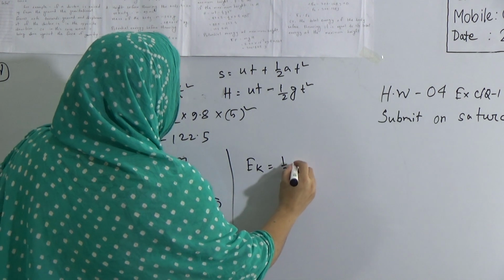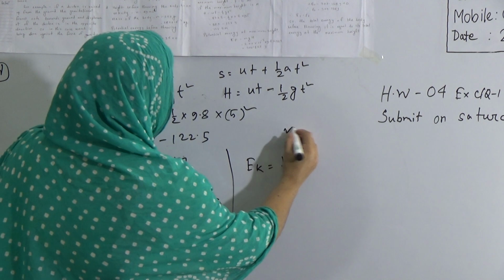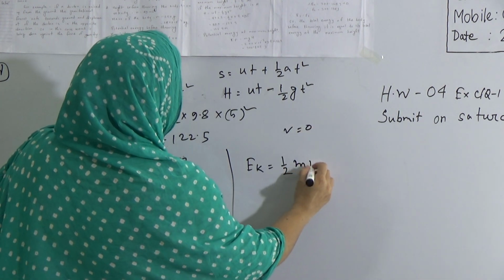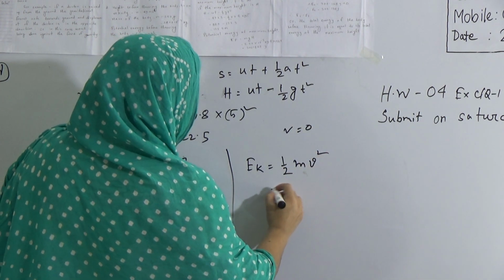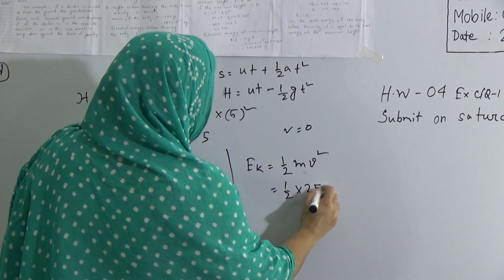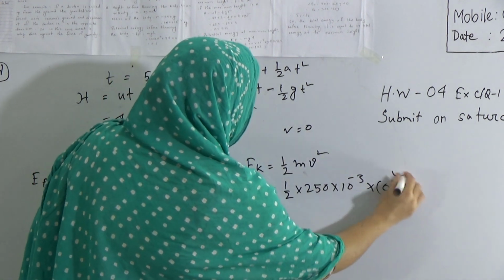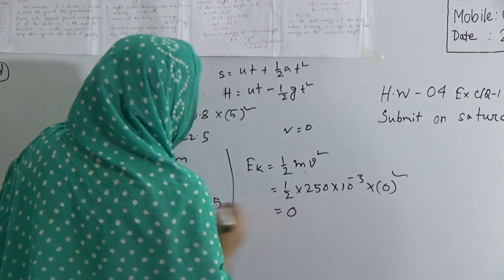So Ek equals half mv squared. At maximum height v will be 0. So half mv squared equals half into m means 250 into 10 to the power minus 3 into v, which is 0. So the kinetic energy will be 0.